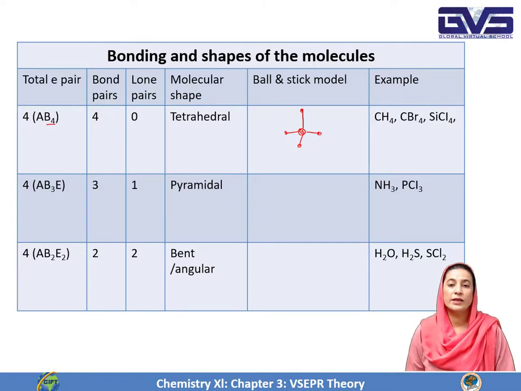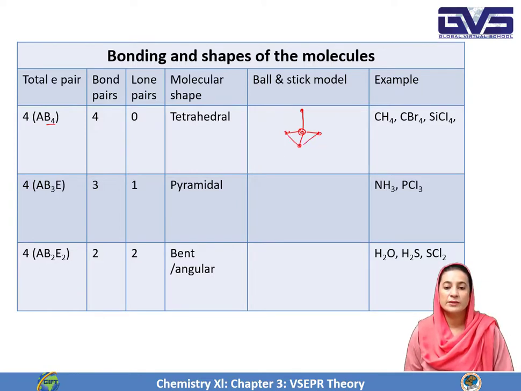a tetrahedron. A tetrahedron has 4 faces. Consider this is the base, and this one is out of plane, so we can't draw it in 2D. So in actual, these form a tetrahedron. They are at a maximum distance. They have equal bond lengths and bond angles.